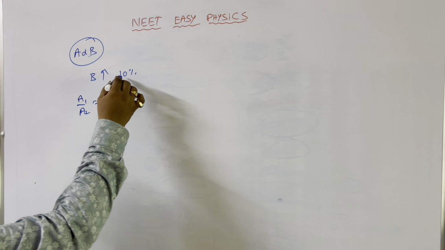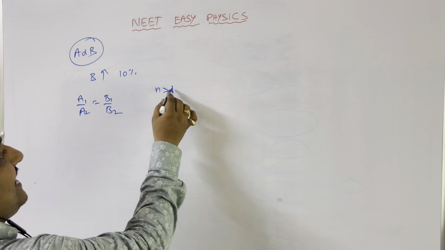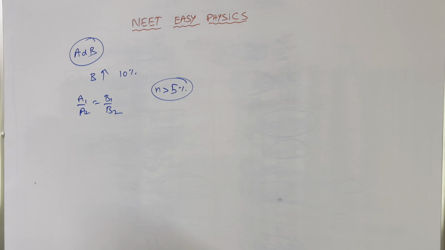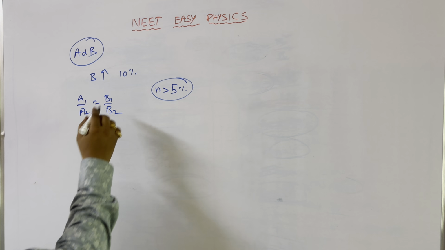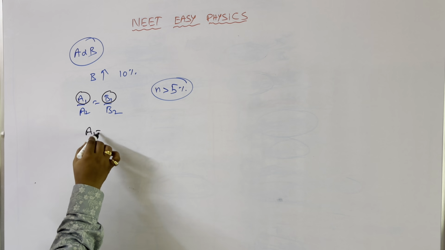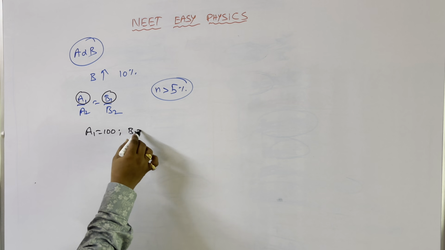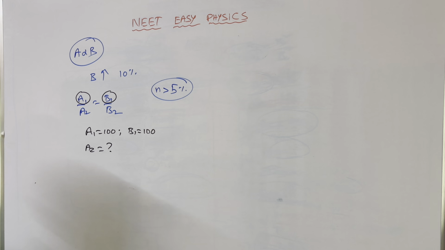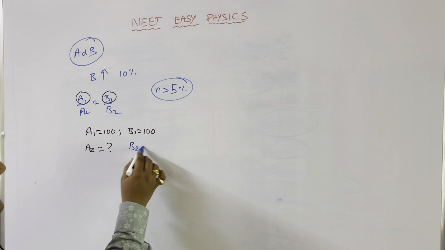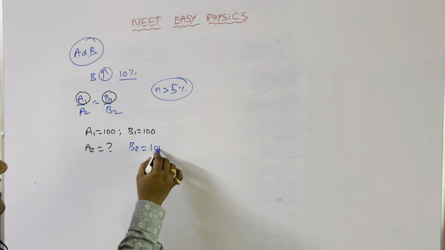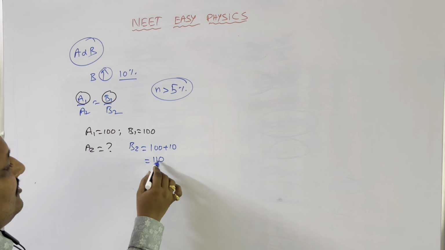Whenever this percentage is greater than 5%, try to take the initial values A1 and B1 as 100. A1 is equal to 100, B1 is equal to 100. Now we have to calculate the A2 value. What is B2? They said 10% increases, so you have to take 100 plus 10, that is 110.